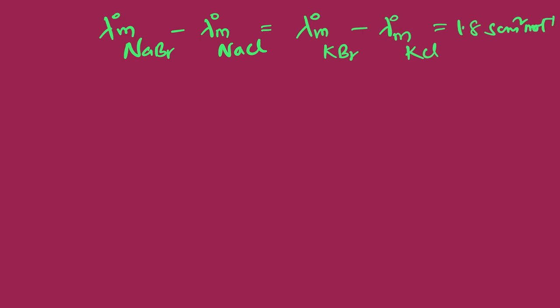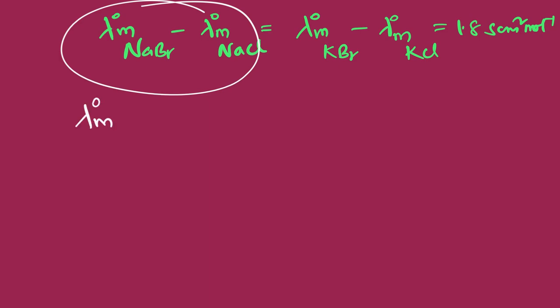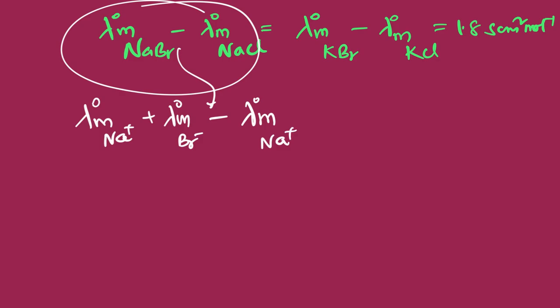If I take this one, it ionizes into Na plus and Br minus, minus Na plus and Cl minus. Now the Na plus cancels. What is left? Lambda naught m Br minus minus lambda naught m Cl minus.